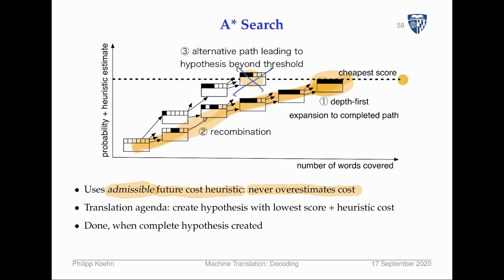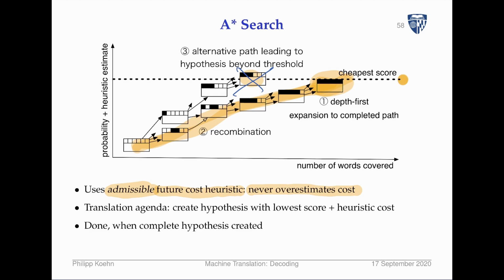So this does imply that I have to first complete some hypothesis all the way to the end before I explore the entire search space. So the decoding is probably less incremental right to left, but a bit more depth first. But otherwise, it's quite similar.